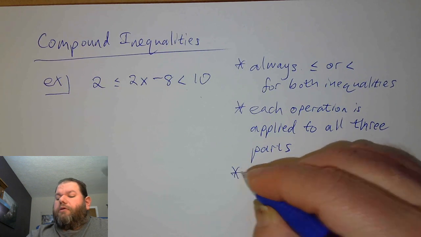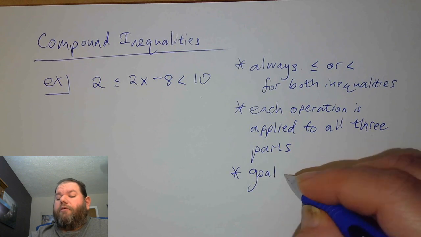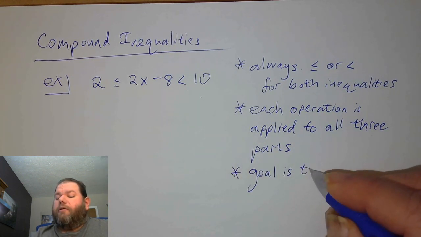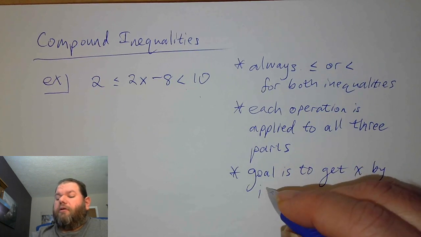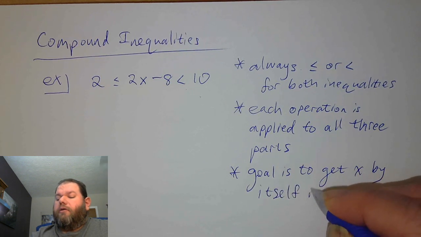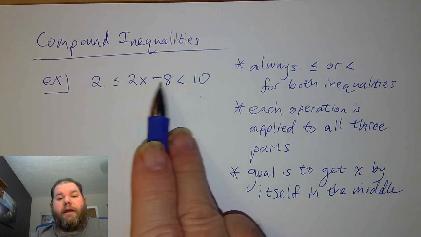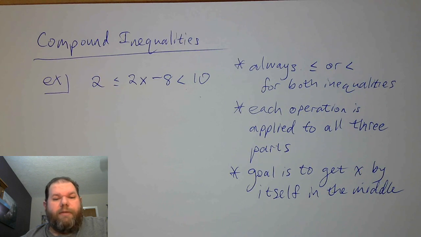And the goal, so we do need something to work towards here, is to get x by itself in the middle. Because if we can get this just to be a plain x, then these two numbers on the other side are the boundaries for x, that's what x will be between, based on the compound inequality.